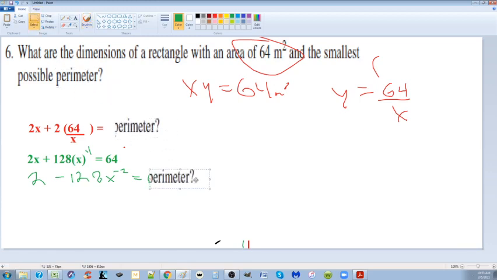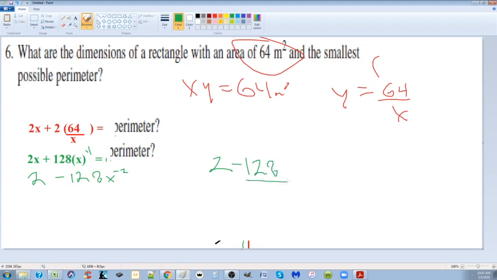Up here, actually, right there. So now there's no 64 here. When I take a derivative now I have a derivative formula that's going to find me the bottom end of a perimeter. If I readjust this, it's really 2 minus 128 over x squared is equal to my perimeter.